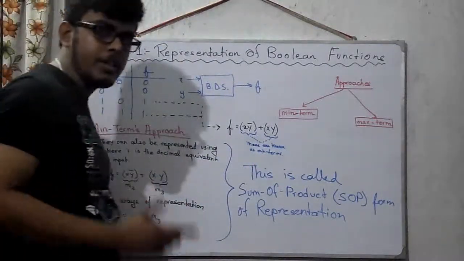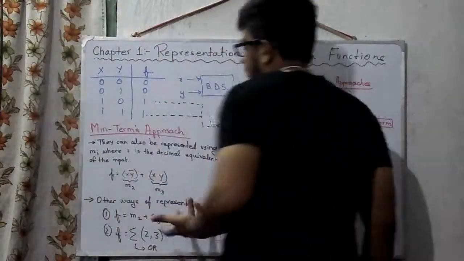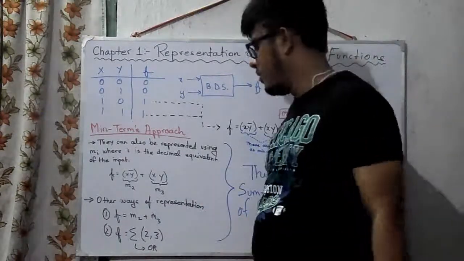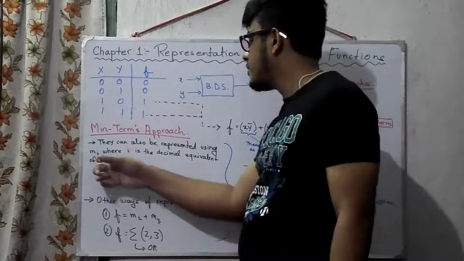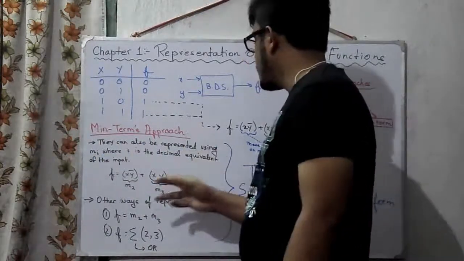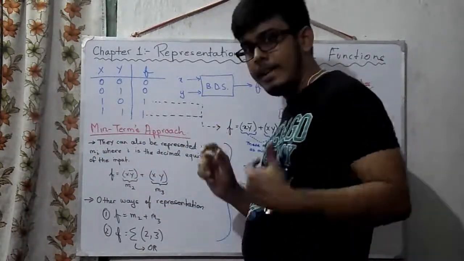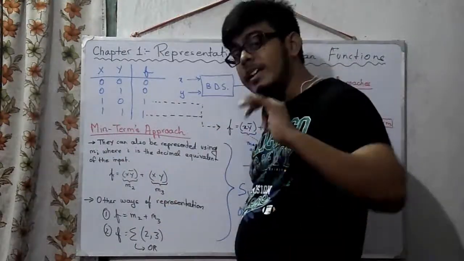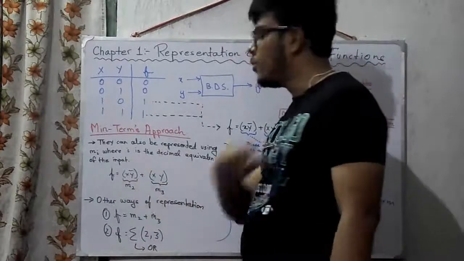Now this representation of MinTerms can be done in many ways. One of them is called the mi representation, m suffix i, where i is the decimal equivalent of the input.